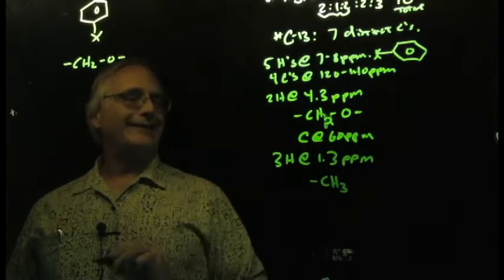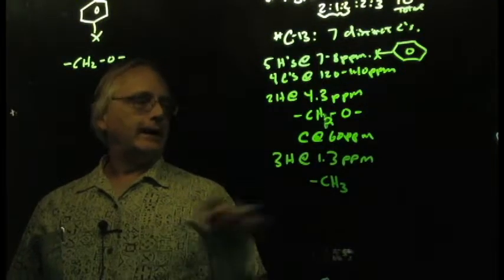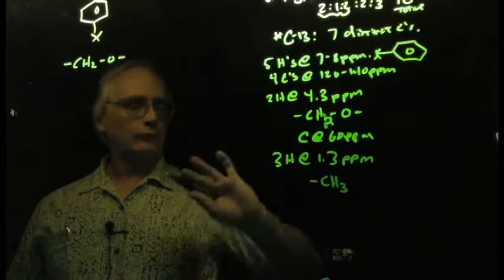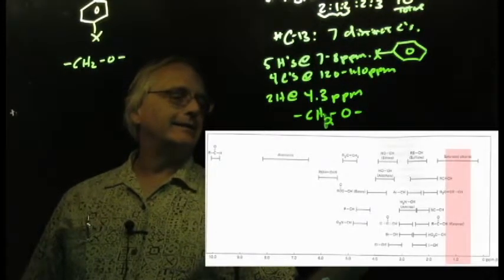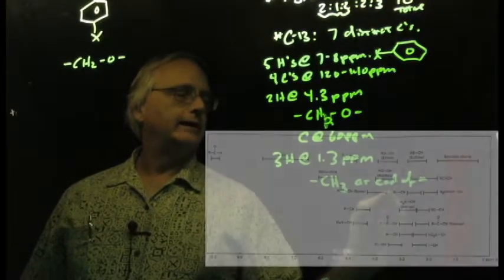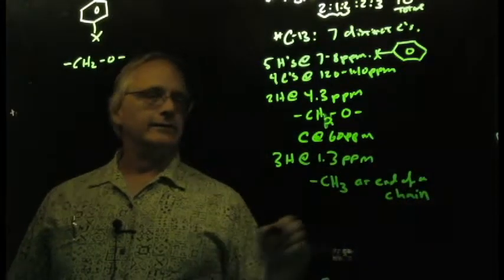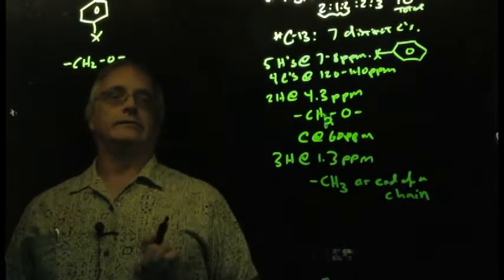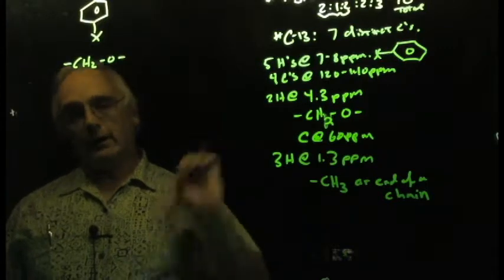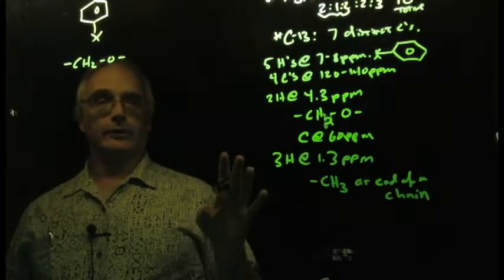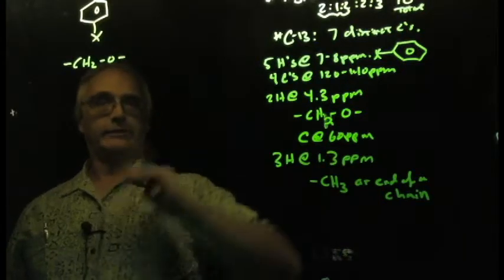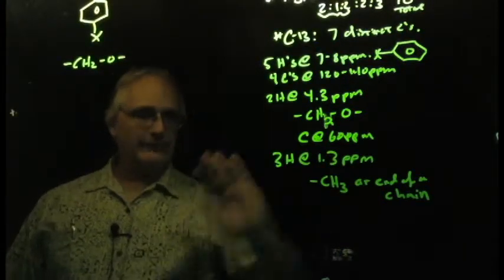And the other thing about that methyl group at 1.3 ppm, right down there near 1, is that it's likely at the end of a chain. In other words, it's not a methyl group on an oxygen or on a carbonyl or on something interesting. That's usually a methyl group, CH3, CH2, CH, at the end of a chain.